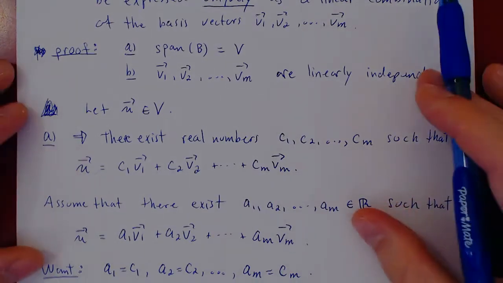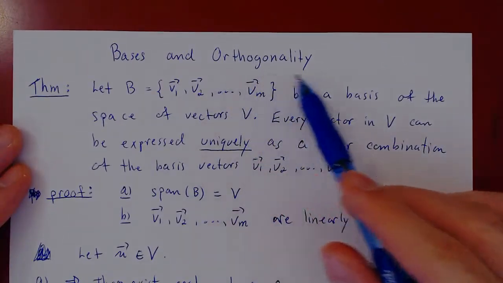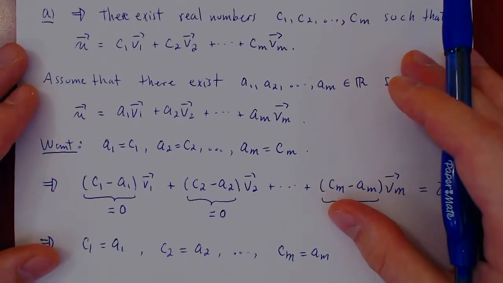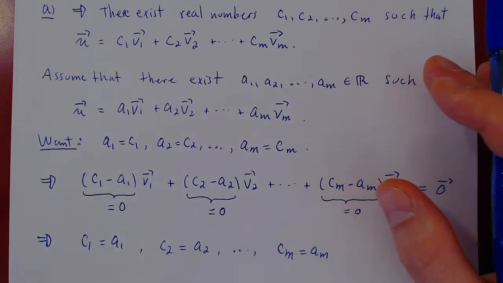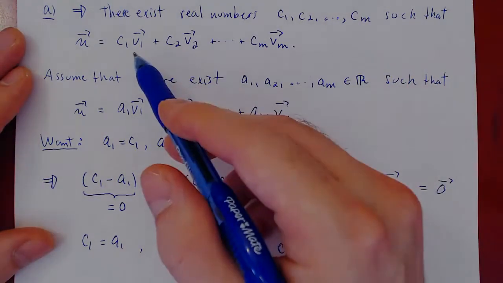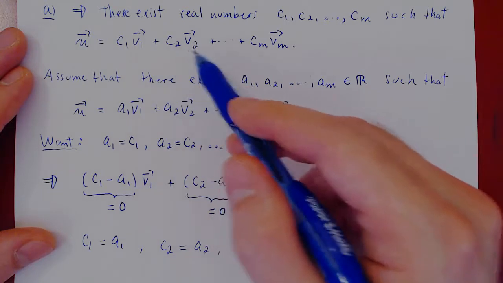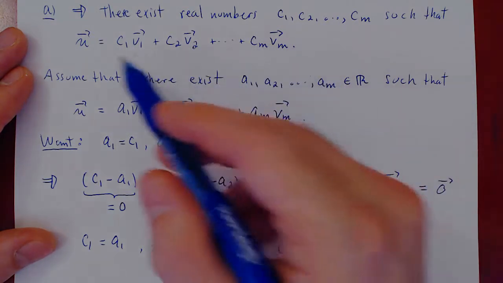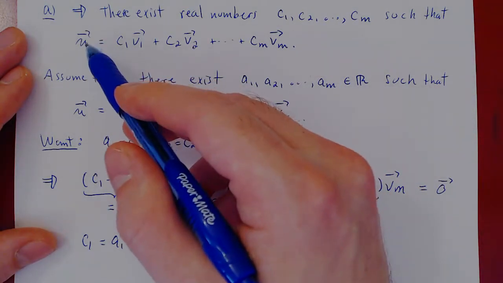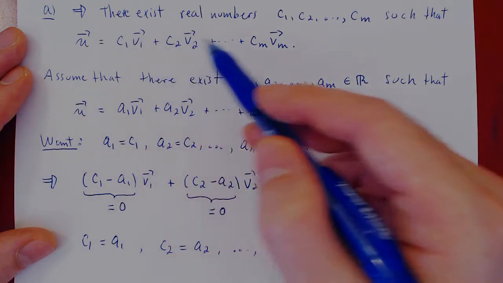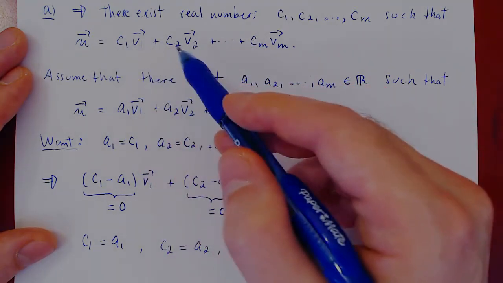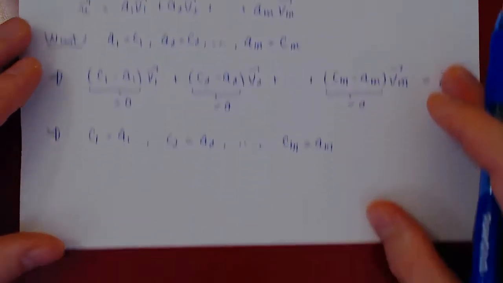Let's ask now, and this will bring us to the notion of orthogonality. If you had an explicit basis of a vector space, so v1, v2 through vm, and you were given some vector in V, how would you find the linear combination? How would you solve for the m coefficients?